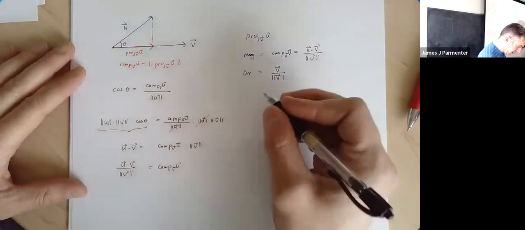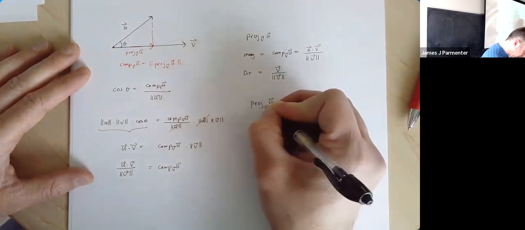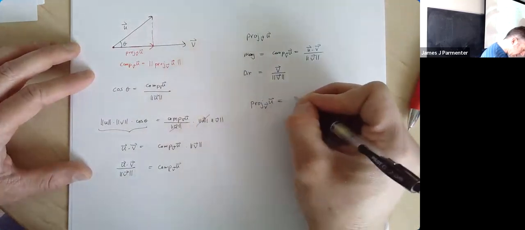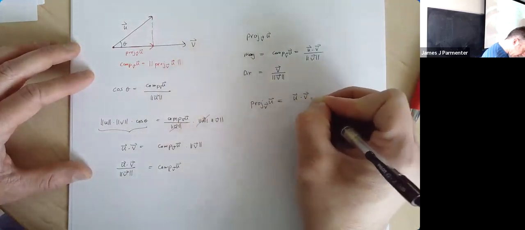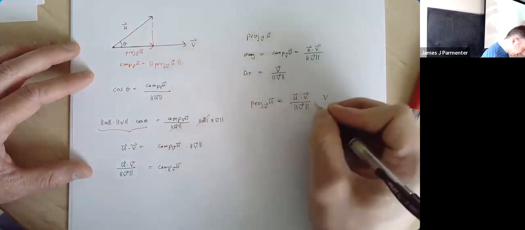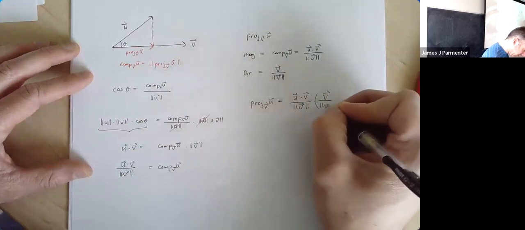So finally, we can say that the projection of u onto v is equal to these two things multiplied together. It's u dot v over the magnitude of v, times the vector v over the magnitude of v.